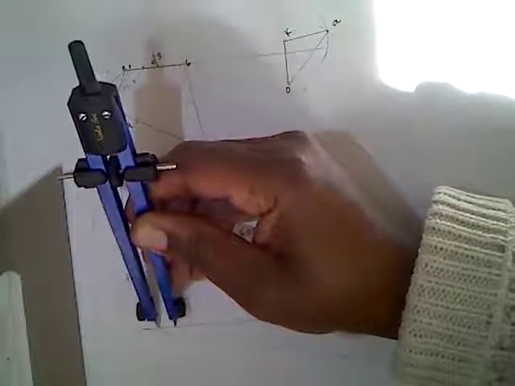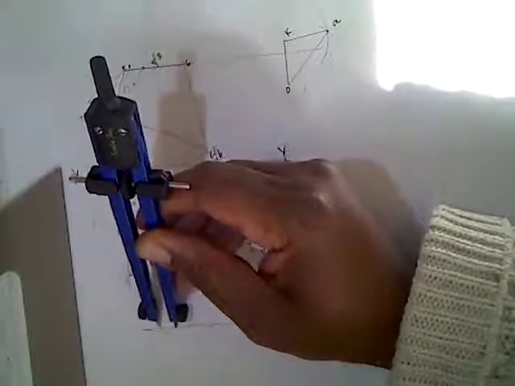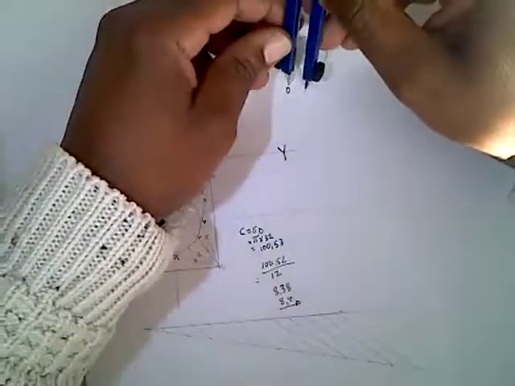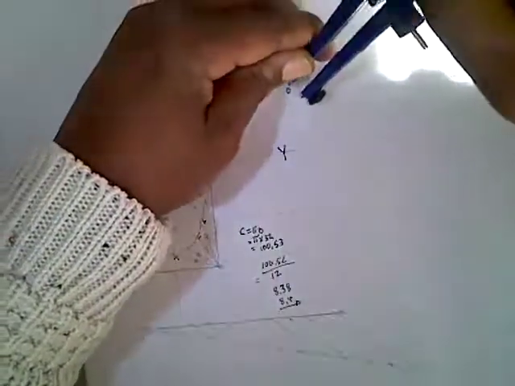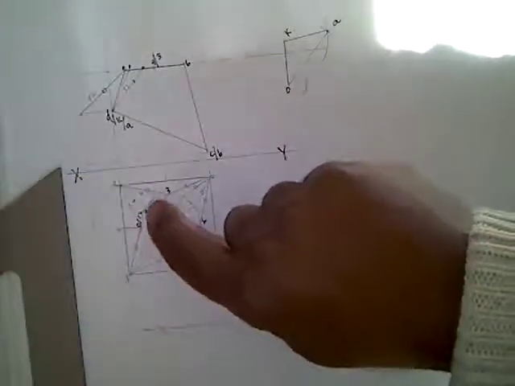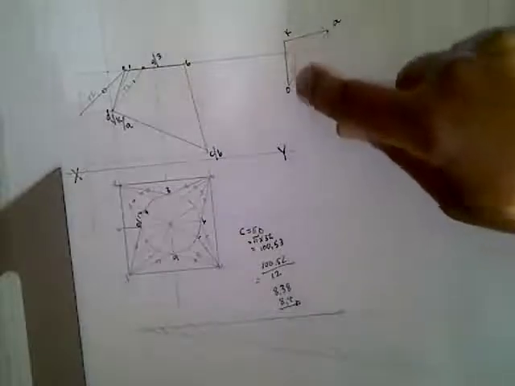Now, from 0 to 1, it is that length. From 0 to 1, it is somewhere here.